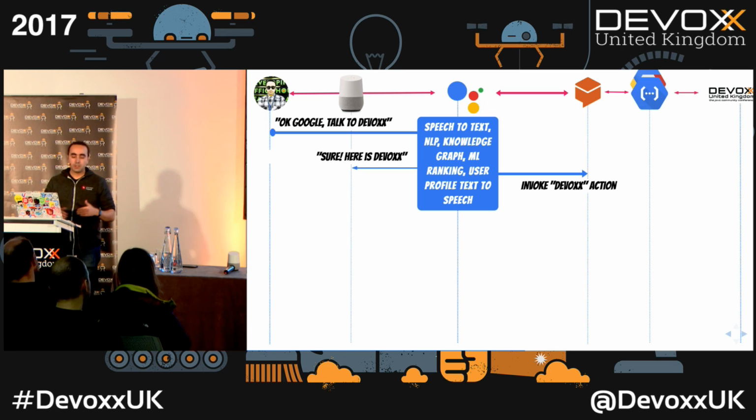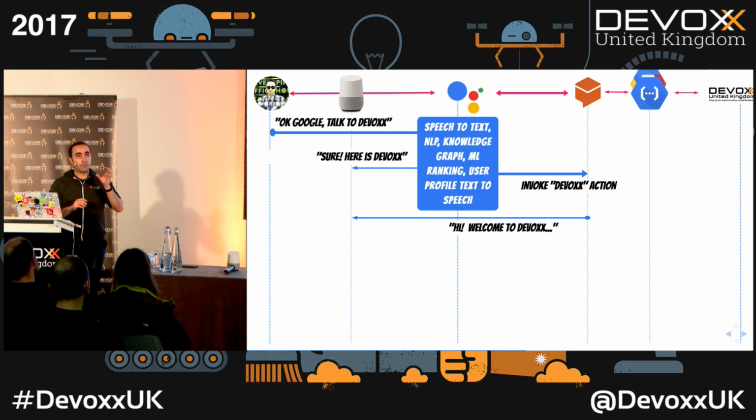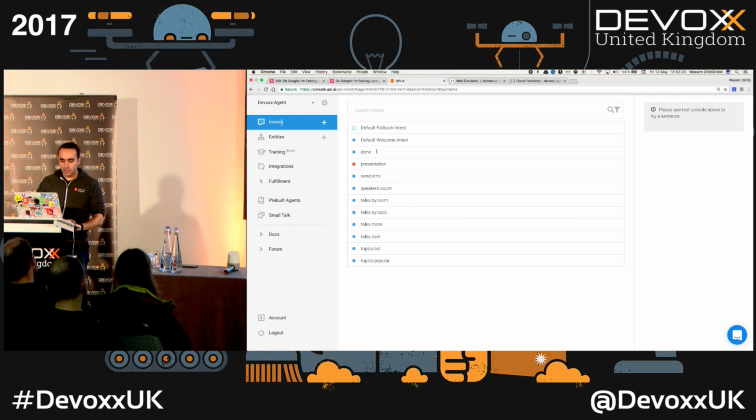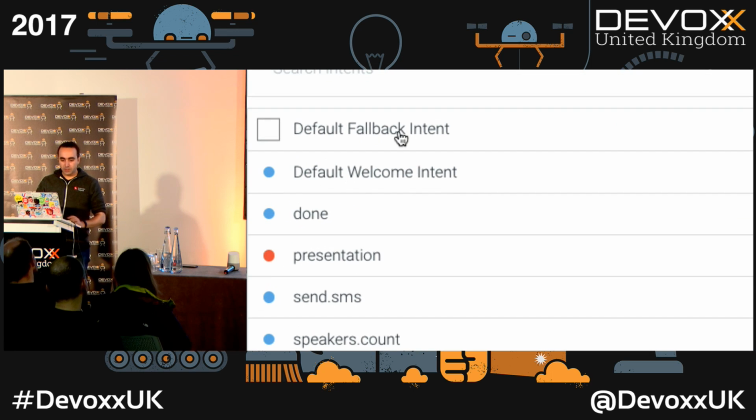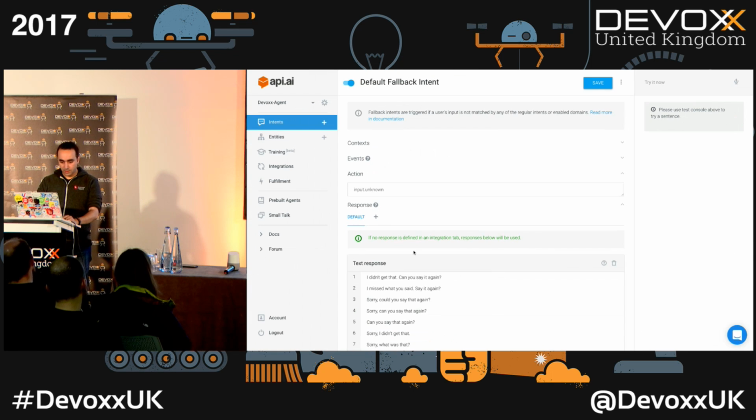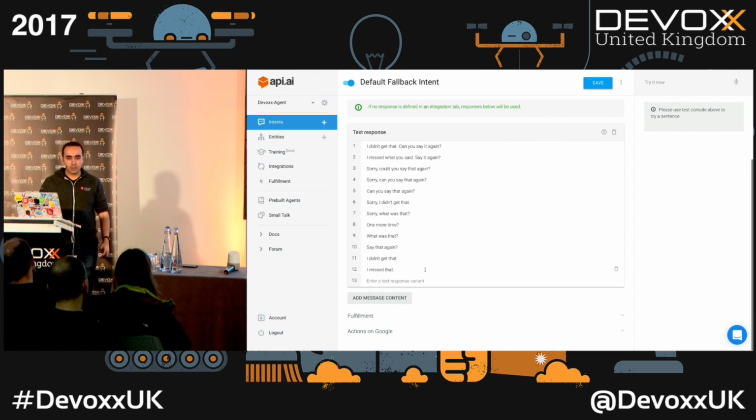API.AI is responsible for matching your expression with the correct intent. When you say a sentence, it will match some intent. If it doesn't match any intent, API.AI will run the default fallback intent, which has a couple of hard-coded responses.